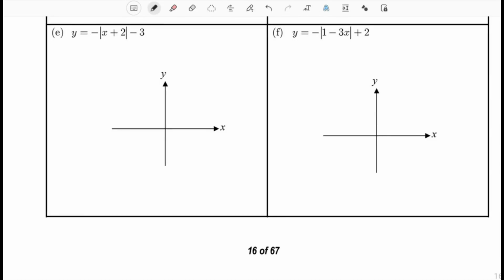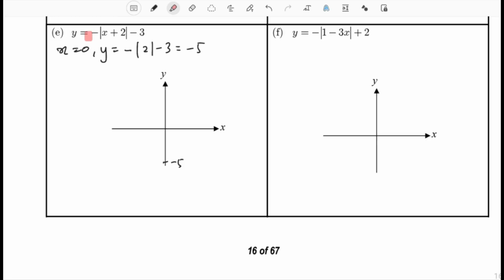So y equals negative of modulus x plus 2, minus 3. So let's find the intercept. So when x is 0, y equals negative modulus 2 minus 3. So we have -5. So this is your -5. So find the minimum or the maximum point.